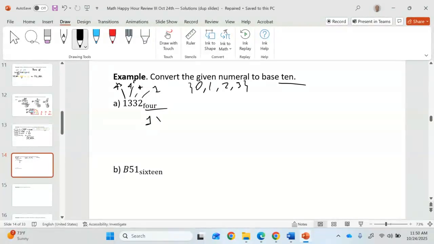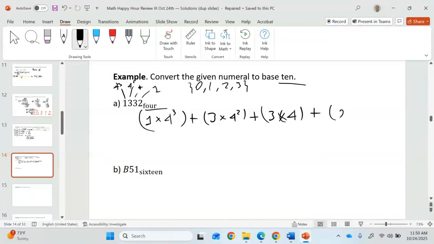So I'm going to have 1 times 4 cube plus 3 times 4 square plus 3 times 4. Let me write it down again. 3 times 4 plus 2 times 1. You could also think about it as 4 to the power 0, which is always a 1 because any number to the power 0 is 1.